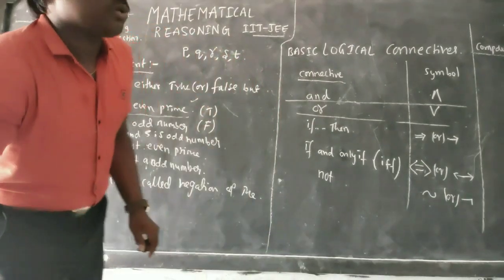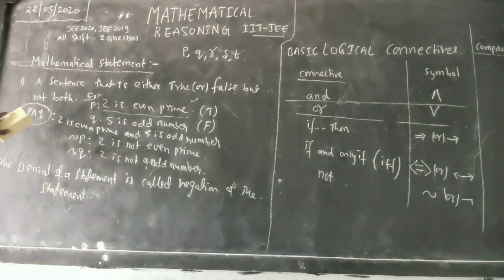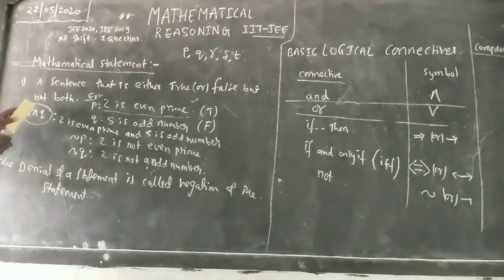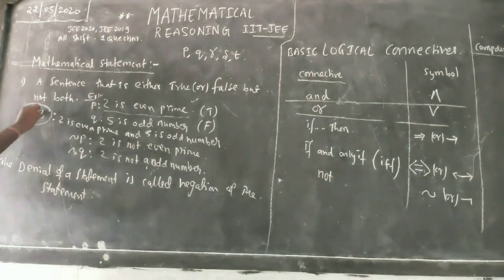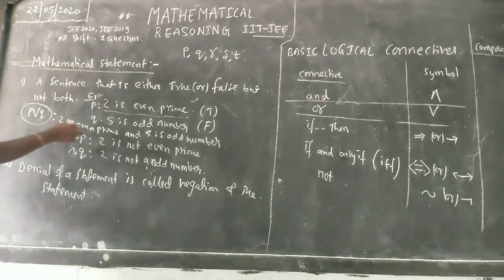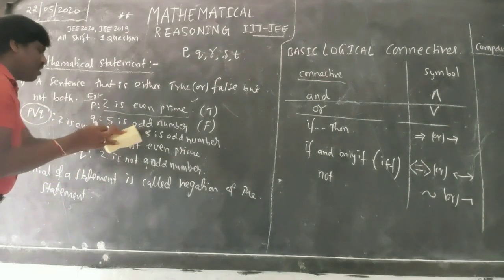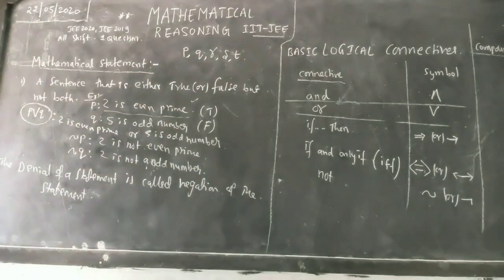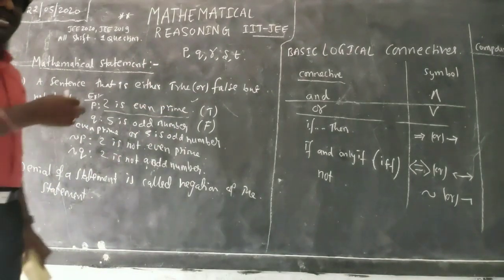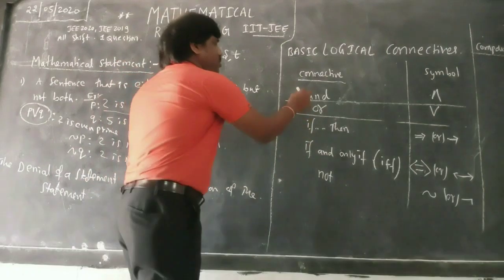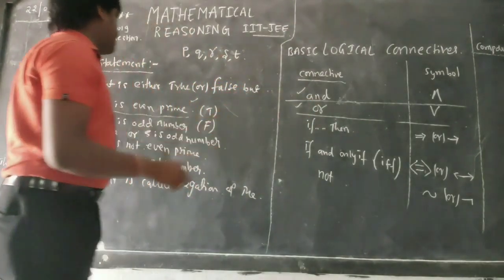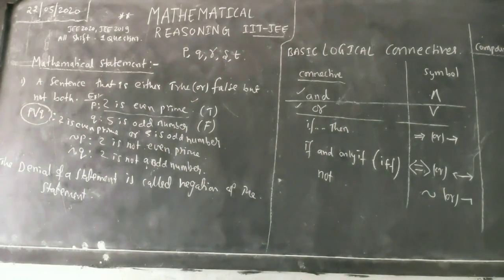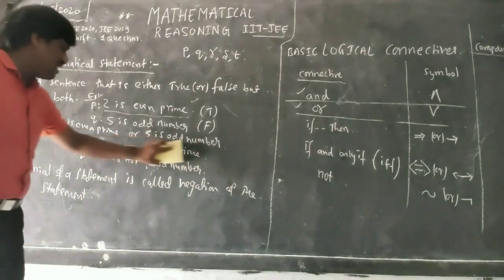When I use the OR connection, I write P or Q: 2 is an even prime, or 5 is an odd number. That's why we write it like this. For AND I use the AND symbol, for OR I use the OR symbol. Hope you understand what I said.